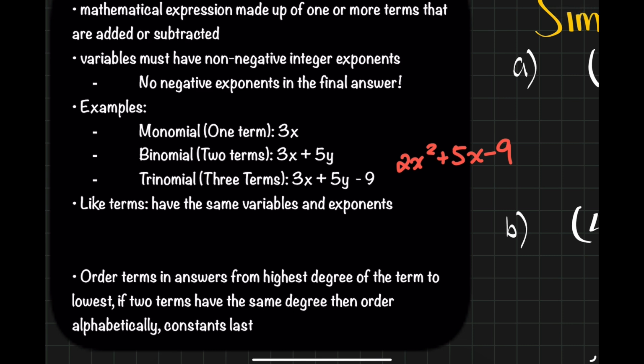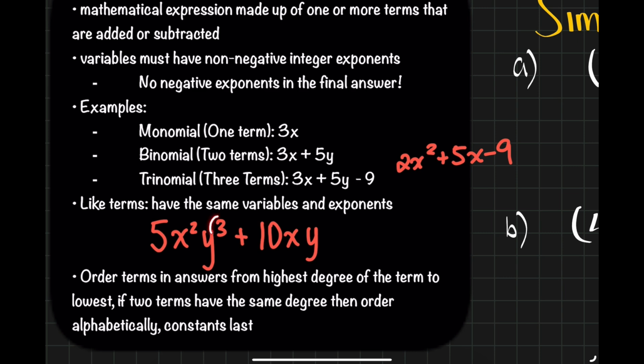Like terms are any terms that have the same variables and the same exponents on those variables. So let's take an example like 5x squared y to the 3. If I have another term like 10xy and I want to add these terms together, notice that the x has an exponent of 2 here, whereas the x in our second term has an exponent of 1.